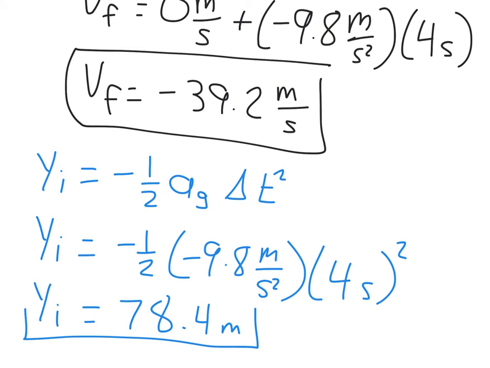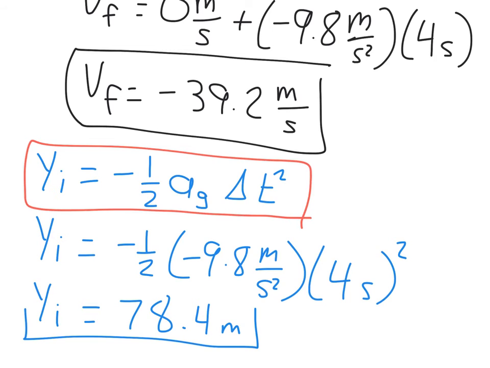So you only have to choose from your formula catalog this formula right here, because we have a time, and that's everything we need to obtain, in this case, the vertical displacement of the object that is falling.